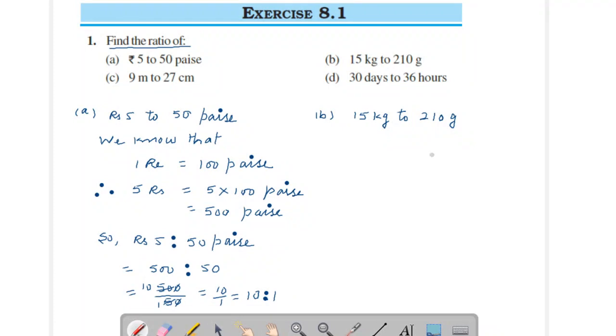To convert kg into gram, we know that 1 kg equal to 1000 gram. 15 kg equal to 15 into 1000 gram, or it is 15,000 gram.